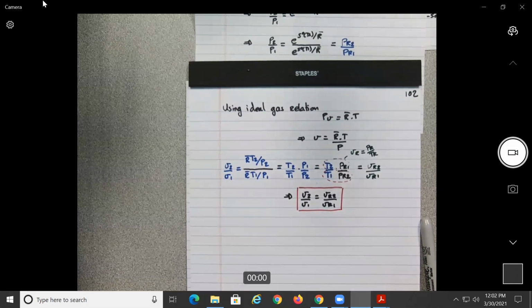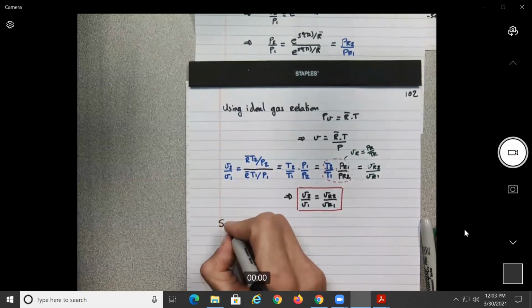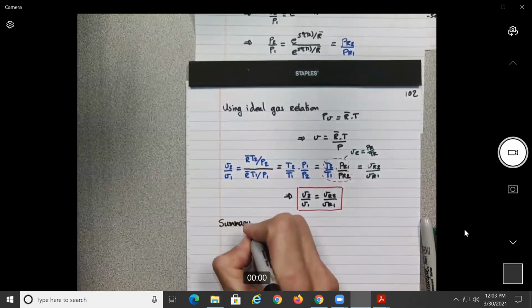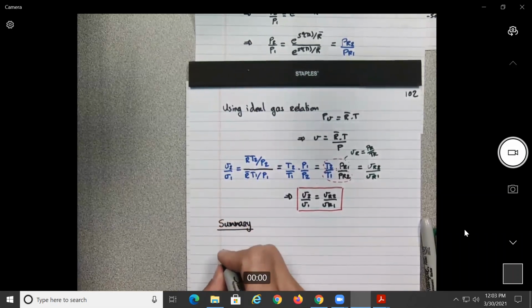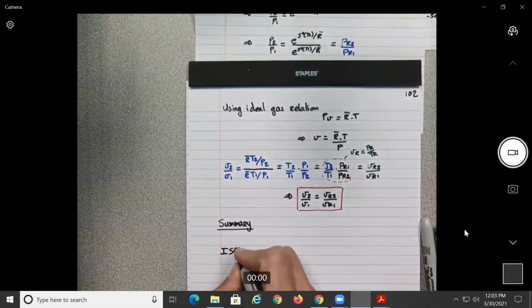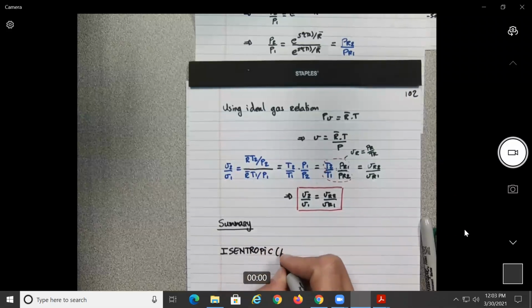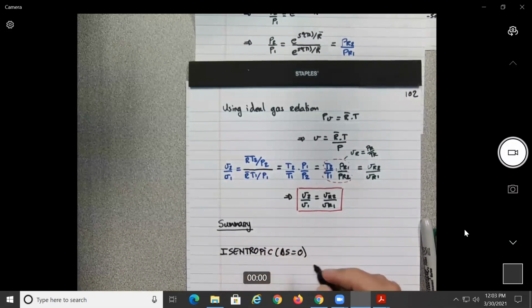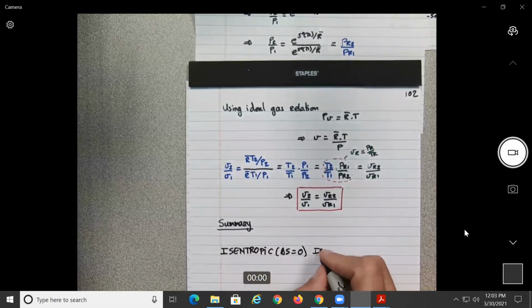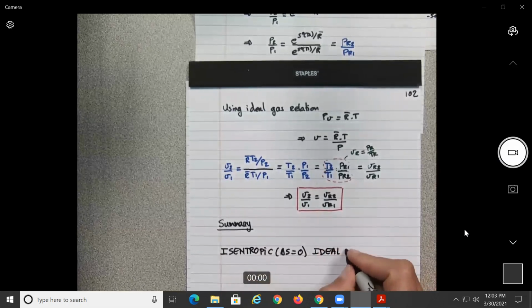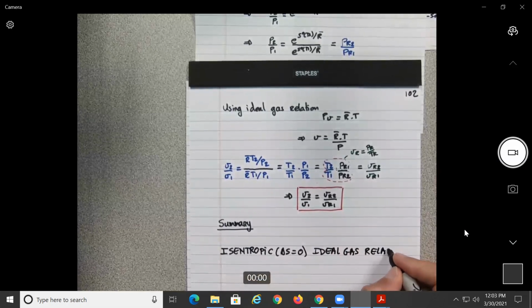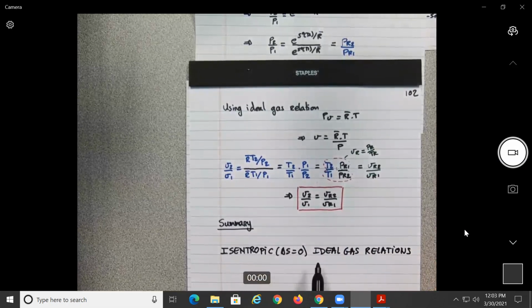Oops, so let's do a quick summary here. Let me put in big because I want to make sure that it's isentropic, which means what? Delta s is equal to 0. Ideal gas relations: it needs to be isentropic and an ideal gas.